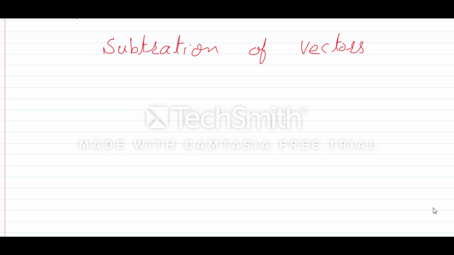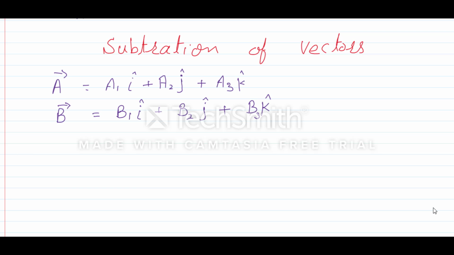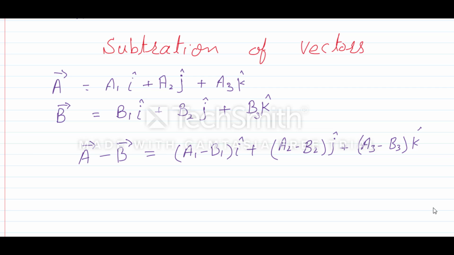Students, our next topic is subtraction of vectors. Let A and B are two vectors. You can see these vectors in analytic form. To subtract B from A, we will subtract components of B from the components of A. Here one can say we have subtracted components of B from A while this i is common.